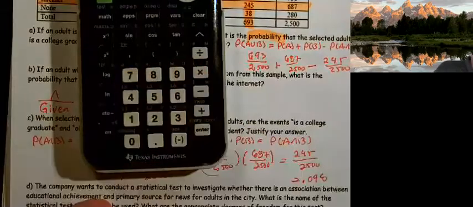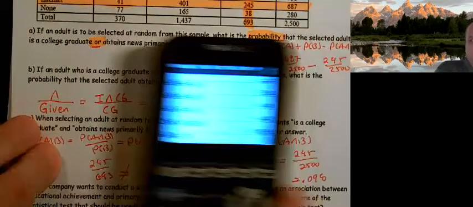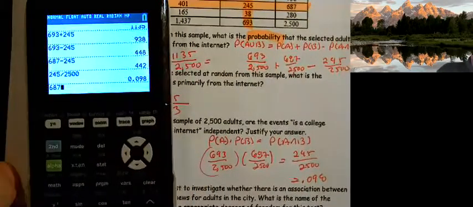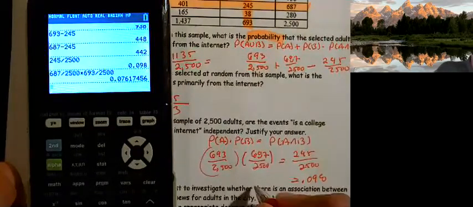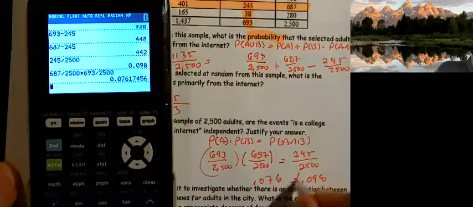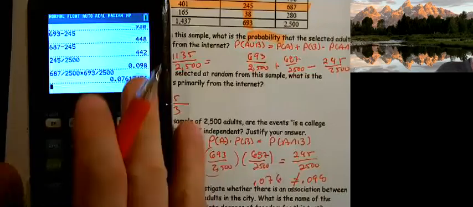Then I'm just going to multiply those two together. 687 divided by 2,500 times 693 divided by 2,500 is 0.076. Those are not equal, therefore they're not independent.